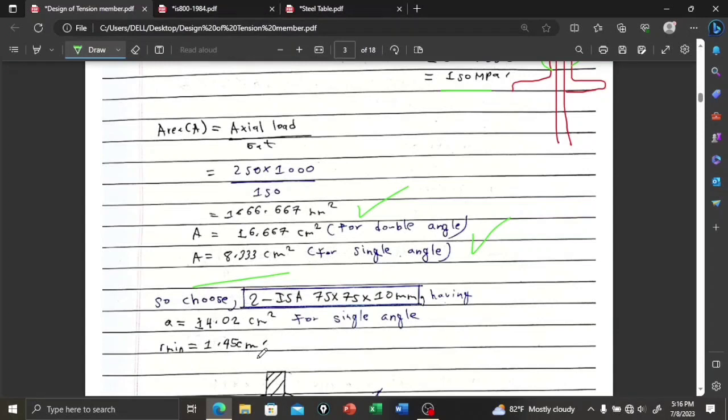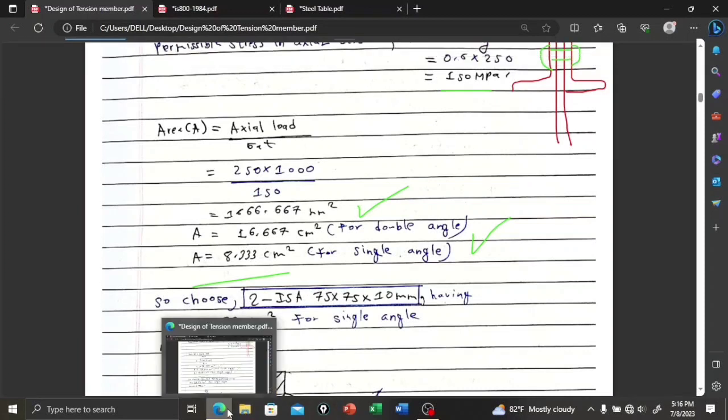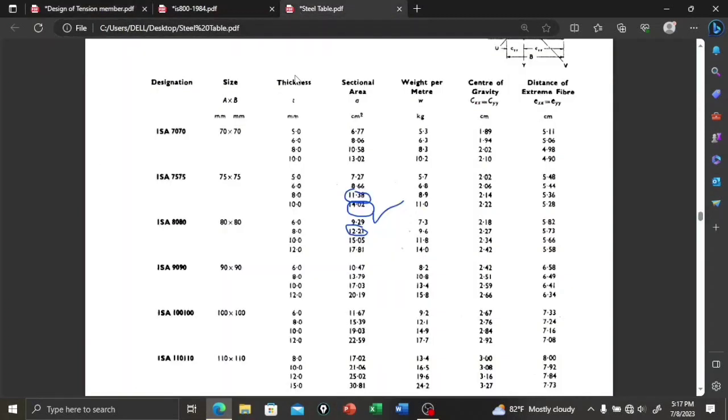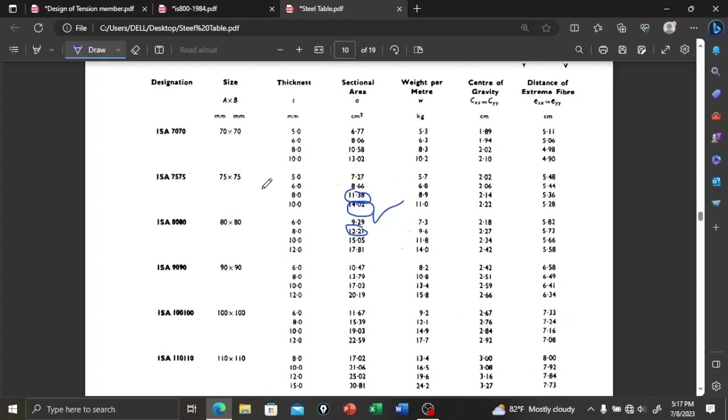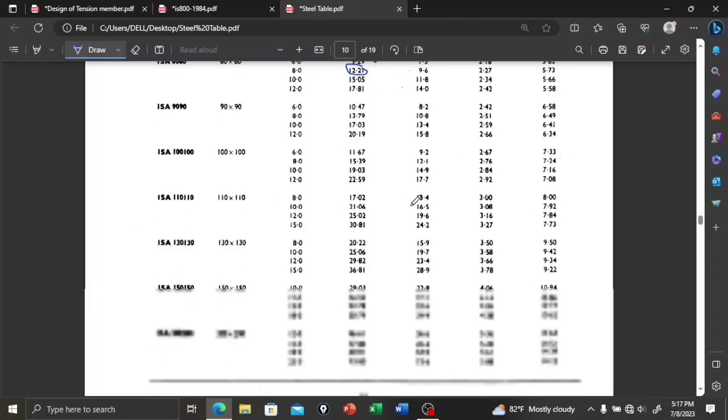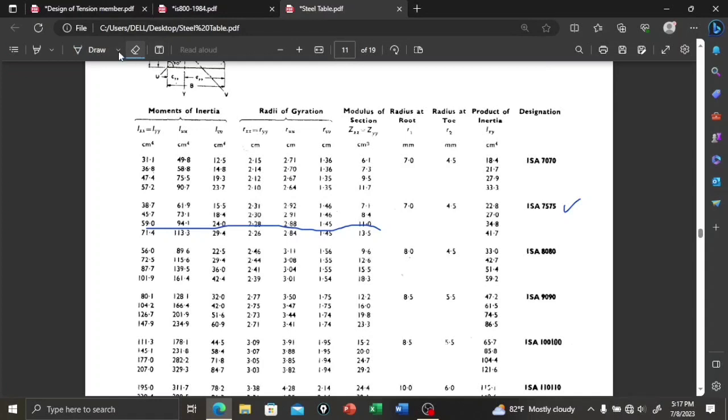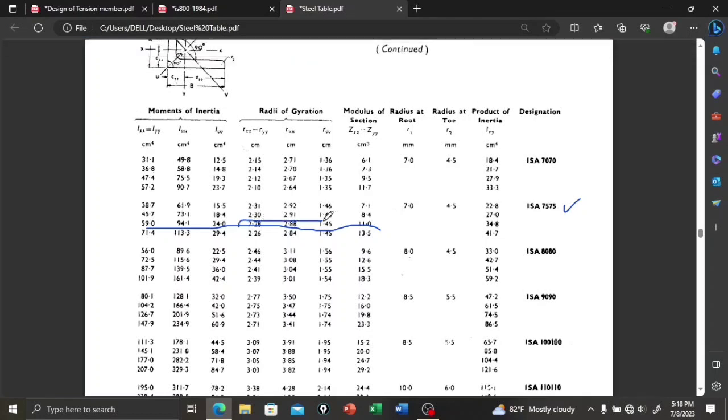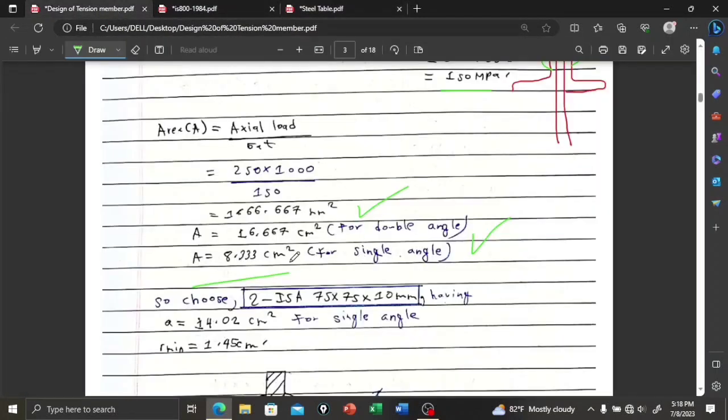So R minimum for 75 75 10 is the minimum from this, so the minimum is 1.45.